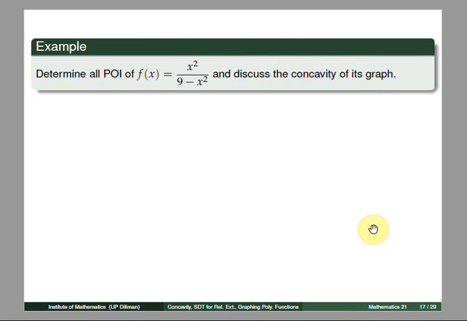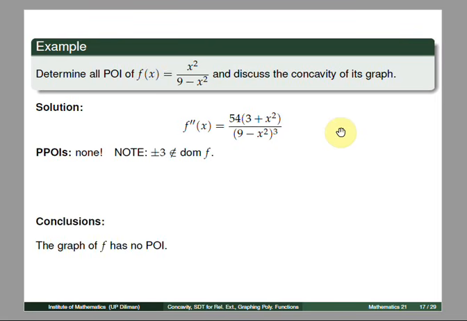Okay. So for our next example, we have the function x squared all over 9 minus x squared. Its second derivative is as follows. So from the second derivative, what are our possible points of inflection? The correct answer is, there is none.